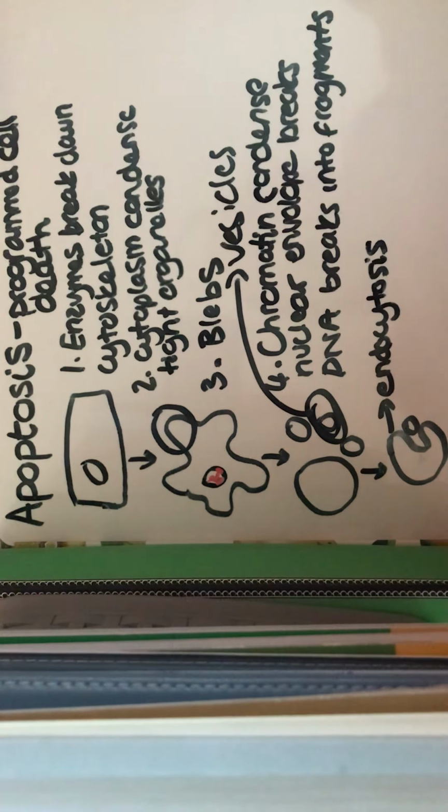So, for example, cytokines in the immune system, hormones, growth factors, etc. Nitric oxide can induce apoptosis by making the inner mitochondrial membrane more permeable to hydrogen ions. So it is a very controlled event.